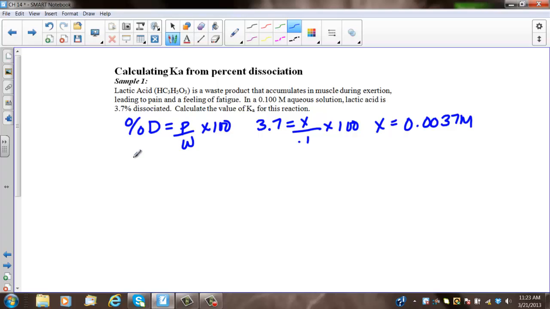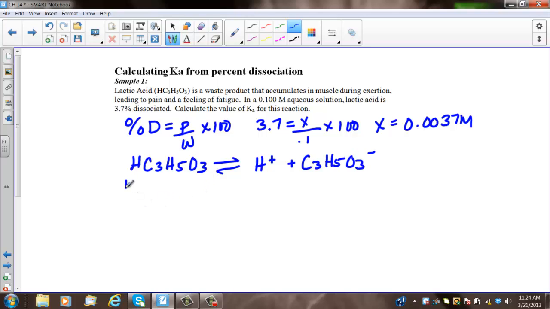Now to figure our Ka, we need to set up an ICE table. So lactic acid, which is HC3H5O3, is a weak acid. And how do I know it's weak? Because it's not one of the 6 strong acids that you had to memorize. It is going to dissociate into H plus and C3H5O3 minus.